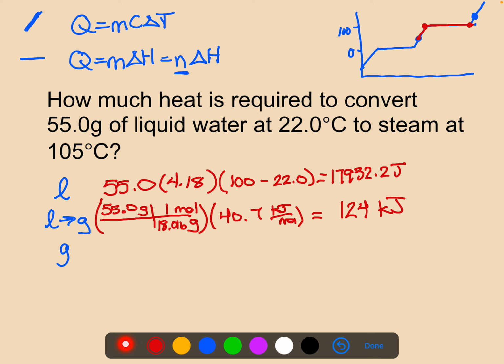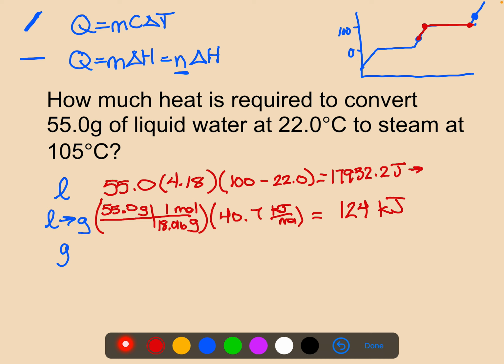Now we're not done, but we know at the end we're going to have to add these together. Our first problem ended in joules, but our second problem ended in kilojoules. So anything that ends up being joules, you are going to want to change into kilojoules. That way your final answer when you add them together is also in kilojoules and our units match. So here's where I said I was going to come back and do sig figs.